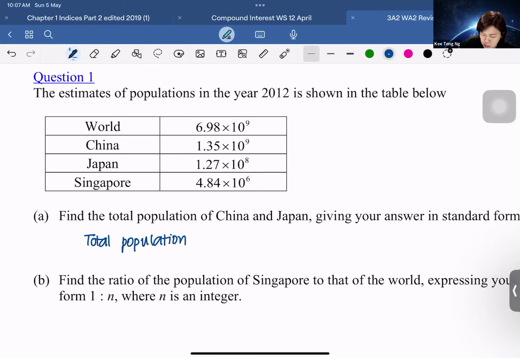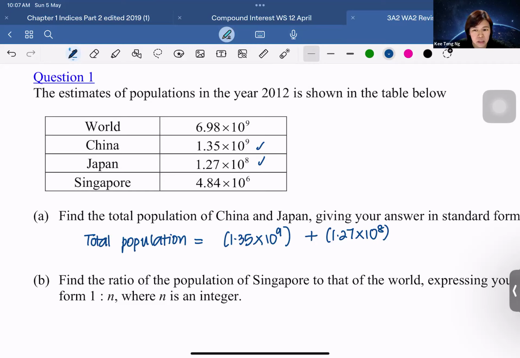So we want China and Japan. China, that will be 1.35 times 10 to the power of 9, plus Japan, that will be 1.27 times 10 to the power of 8. All right, so you notice that I actually added brackets over here, okay, so that when we do certain calculations, it's less likely to make mistakes.